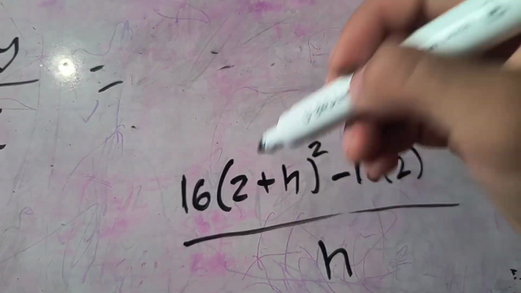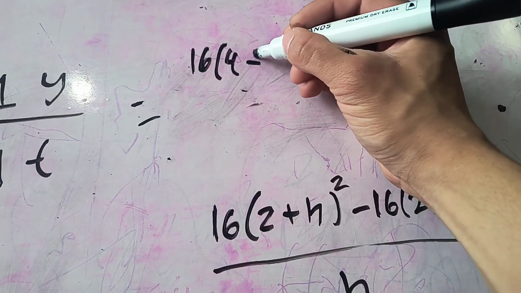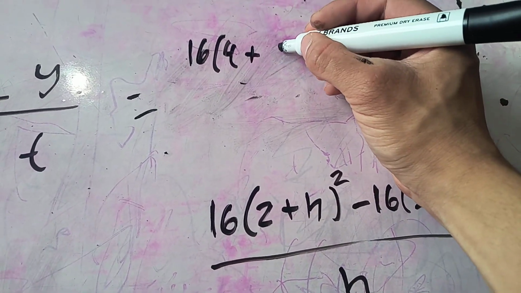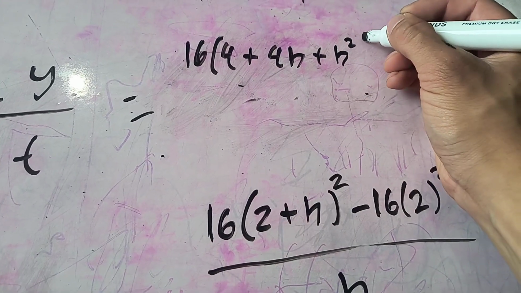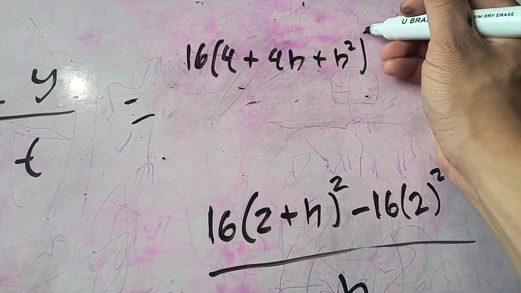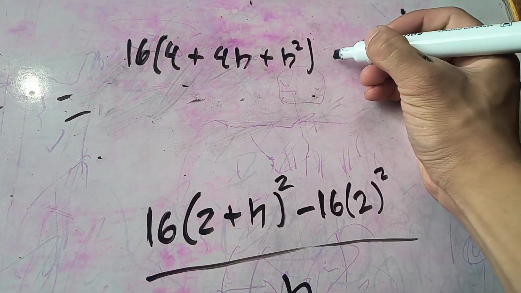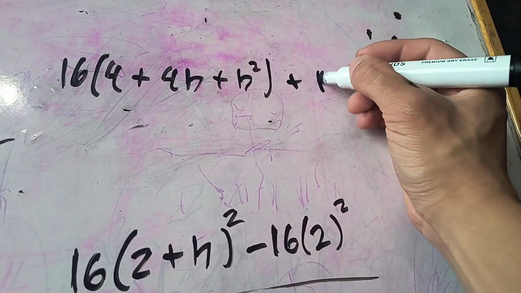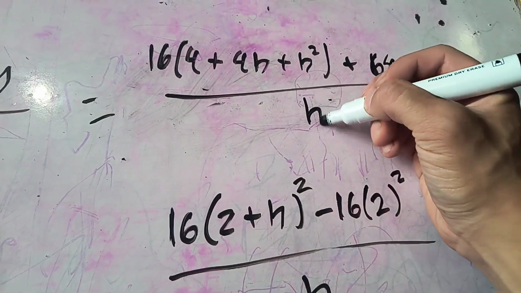So this part would become 16 times (4 plus 4h plus h squared) minus 64, because 16 times 4 is 64, over h.